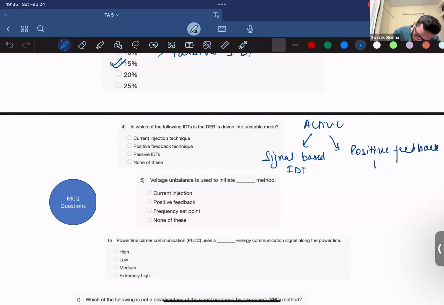So which of the following techniques were we deliberately causing our DR to go into an unstable operating space? Anyone?